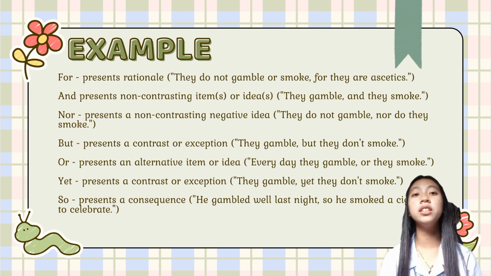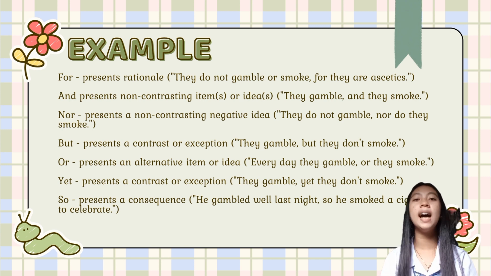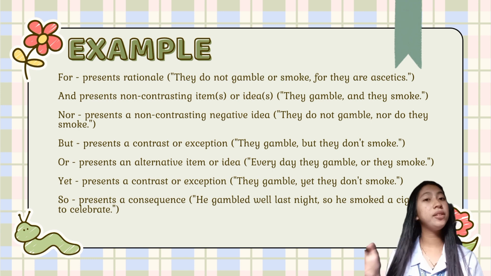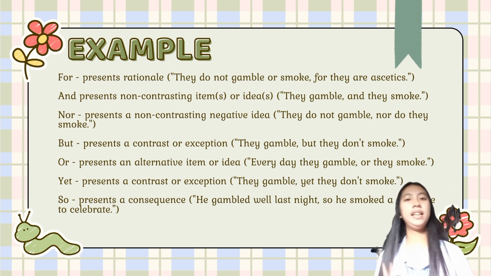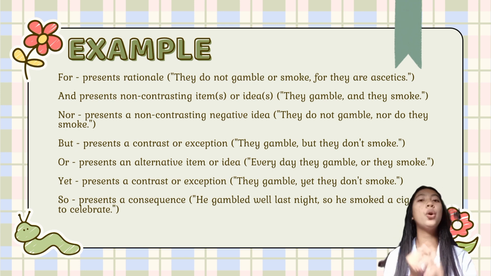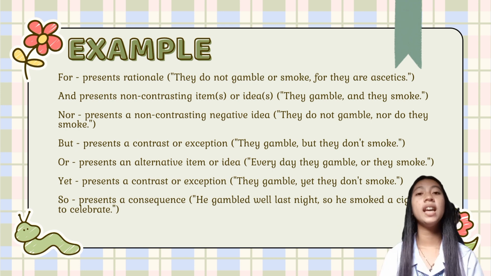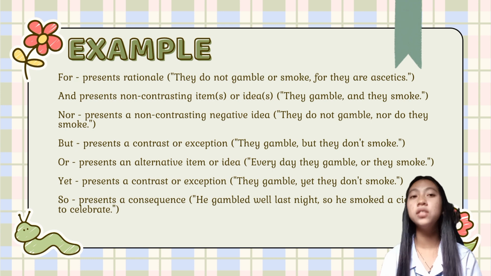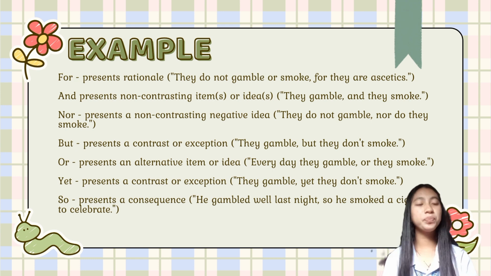Or presents an alternative item or idea. In the example, every day they gamble or they smoke, or introduces two options, gambling or smoking. Yet introduces a contrast or exemption.